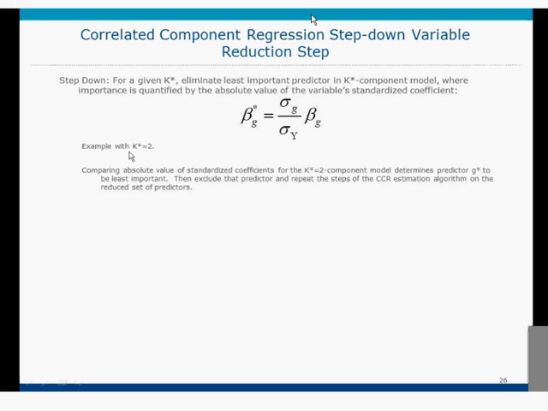Okay, so for example, suppose we had a two-component model. What we do is we standardize the coefficients for the two-component model, and we then see which one is closest to 0. The absolute value is closest to 0. We then eliminate that predictor and then repeat the steps of the CCR estimation algorithm on the reduced set of predictors.